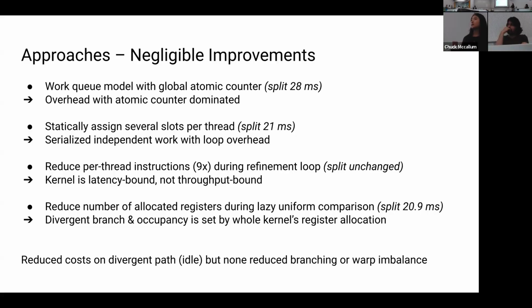So first, I talked about in the last slide how I first wanted to have one thread be assigned for one slot. So a slot is an attempt that the producer makes.